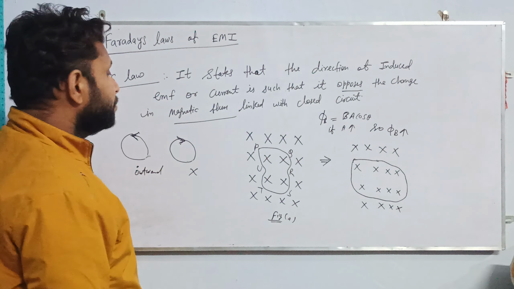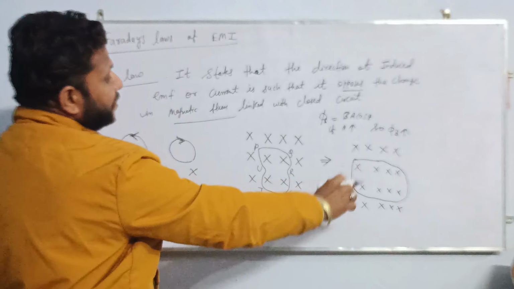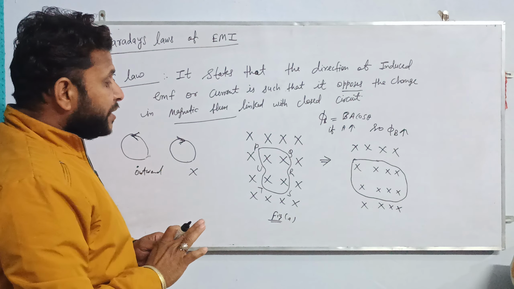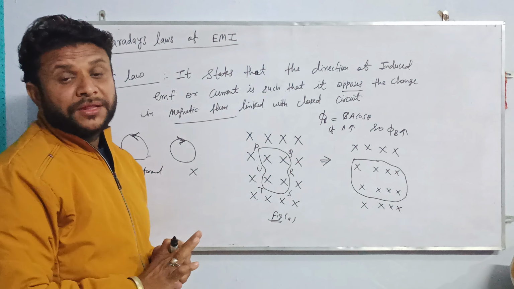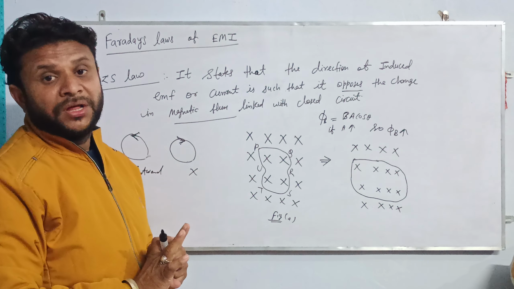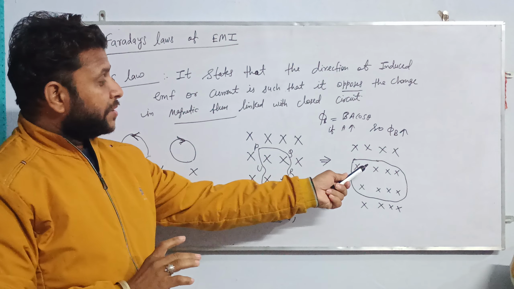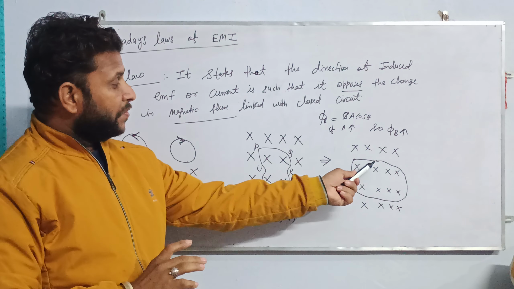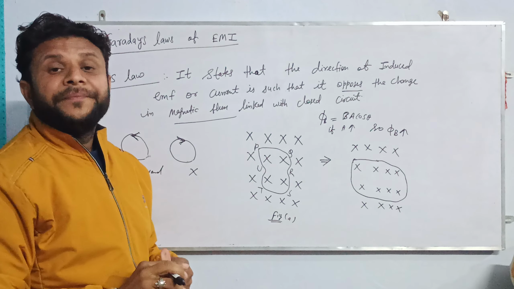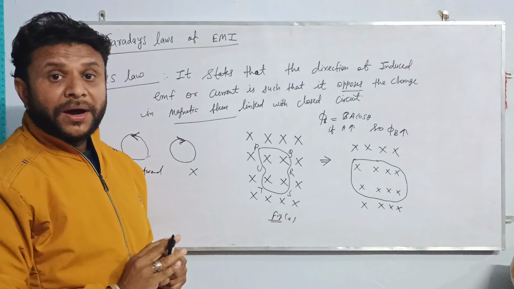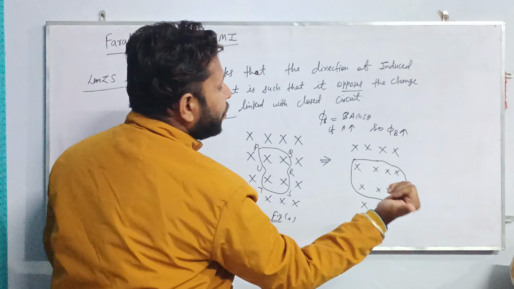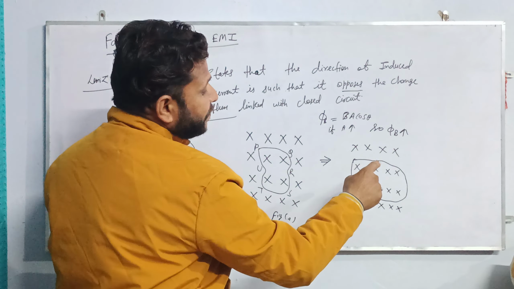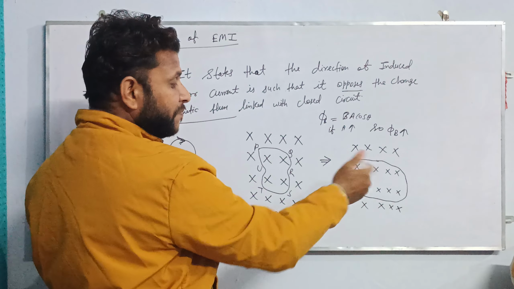So if we want to decrease this magnetic flux, the direction of the current that should flow in this wire should be in outward direction, because the inward magnetic field already exists, and the area has increased, so magnetic flux increases.